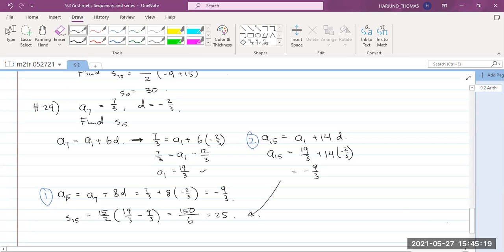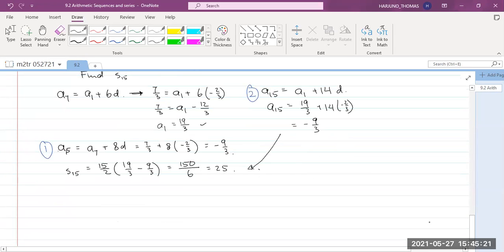Now let's go to a more interesting one. What happens if we have a question like number 33? They write it in summation notation. Here you need to be able to identify that. The 18th partial sum of 1/2 k plus 7.